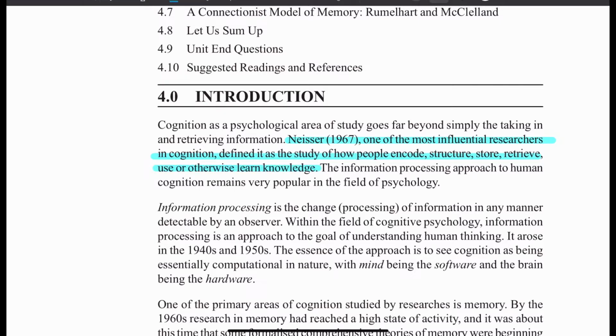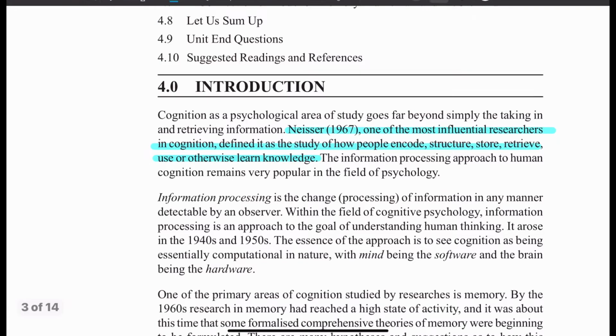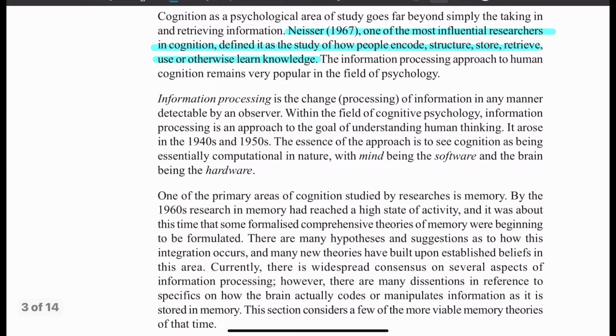This is what information processing is all about, because human beings are able to gather knowledge, store it and use it whenever it is required, even the complex ones. That is why the study of human beings is very important in information processing.